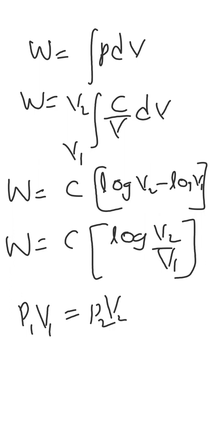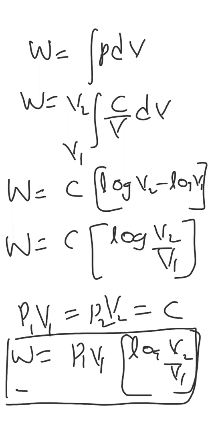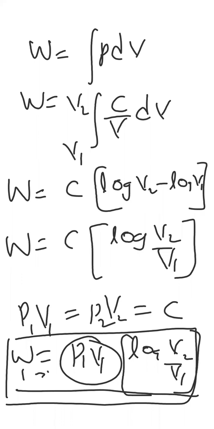So you can write C as P1 V1 or P2 V2, anything. This is the final formula. Instead of this, you can even write P2 V2 also. Note it down. This is the formula for the isothermal process.